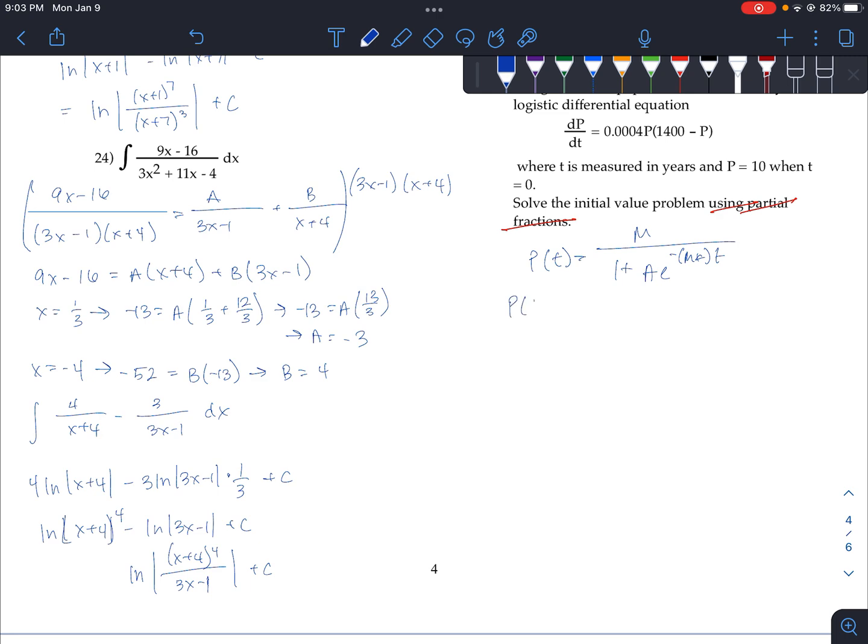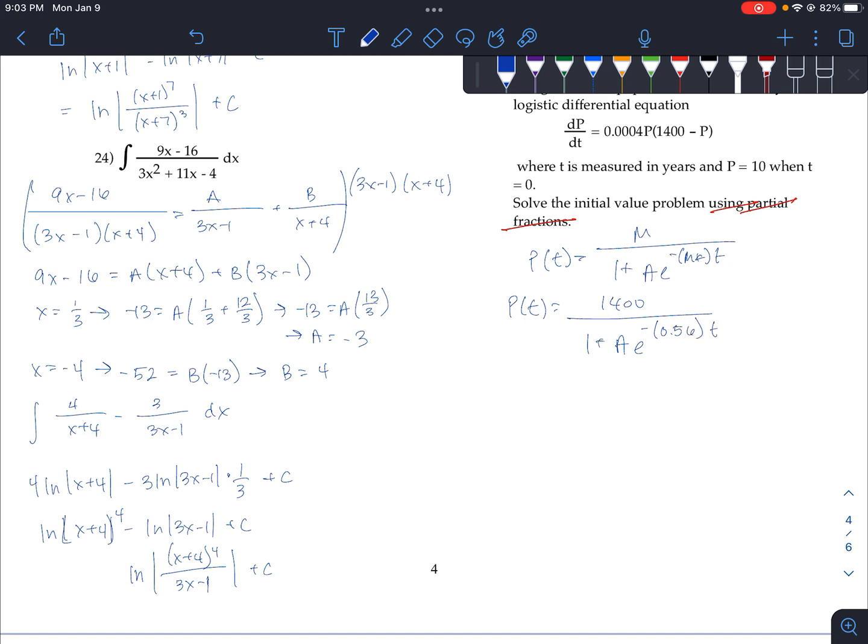So we have P of t is equal to 1400 divided by 1 plus A e to the negative. Now you can multiply M and K together. So when you do that, you should get 0.56 t.